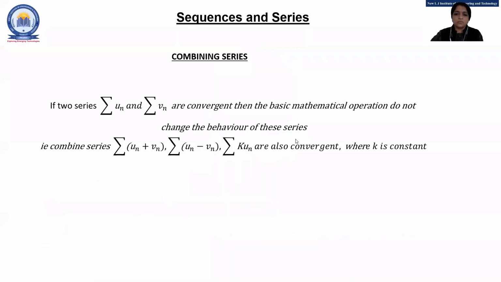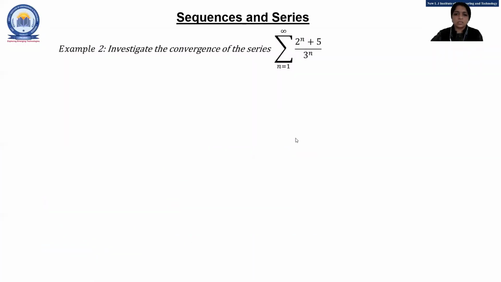That is, if I have a geometric series a plus ar plus ar square and so on, and I want to write this geometric series in the summation form, anyone, please let me know in the chat box.